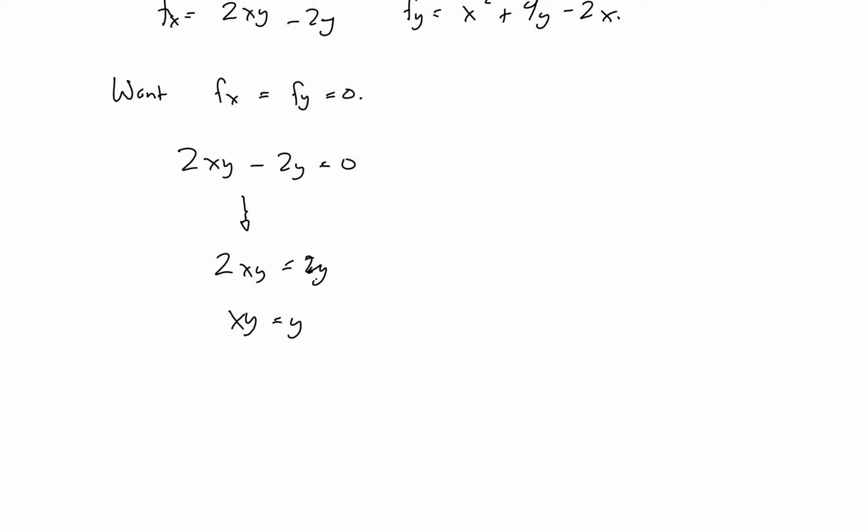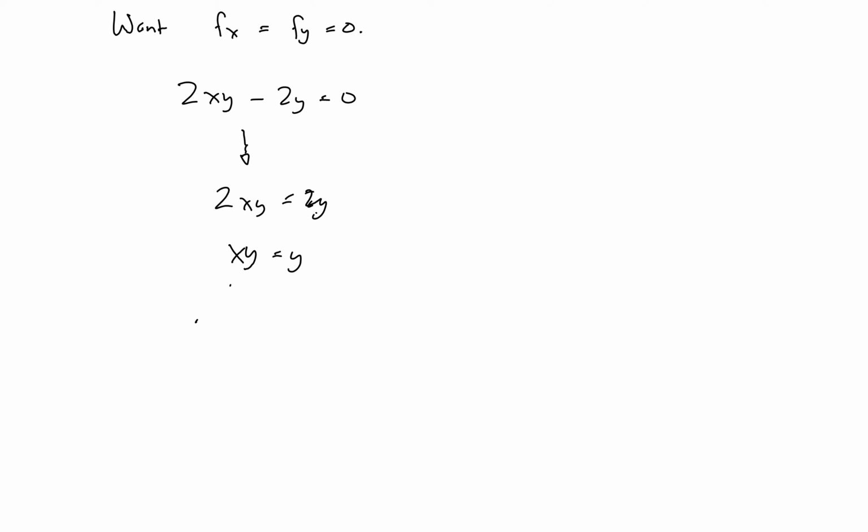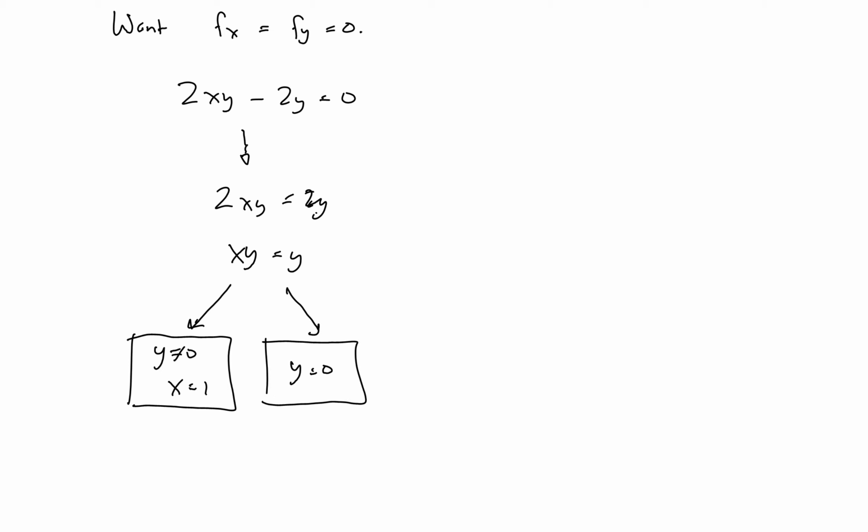Now this leads to two cases. We have to be a little bit careful. If y is not equal to 0, then I can cancel the y, and that gives x is equal to 1. The other possibility is y is equal to 0, and then that doesn't tell us anything about x. So those are the two possibilities I get for when this partial derivative is equal to 0.